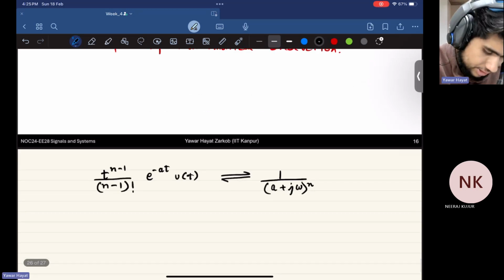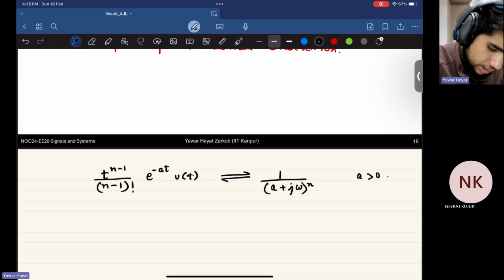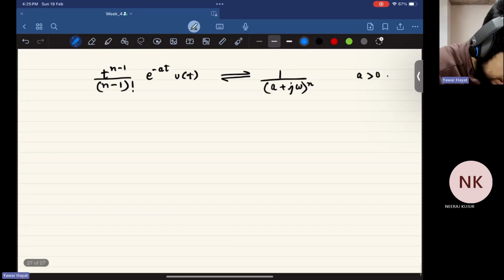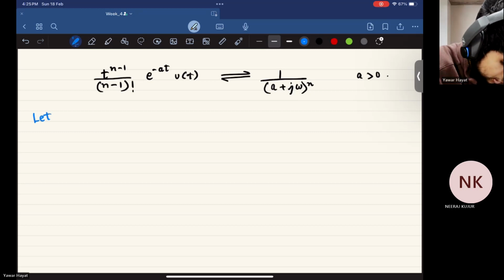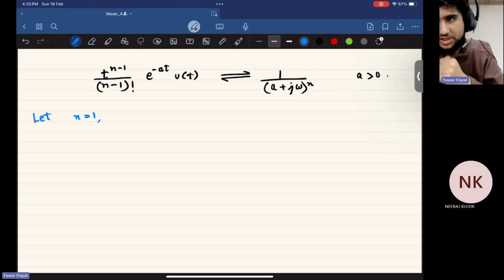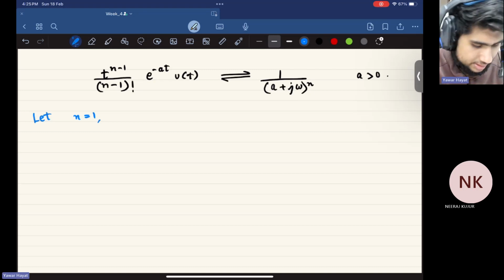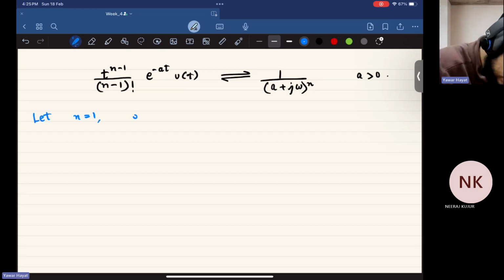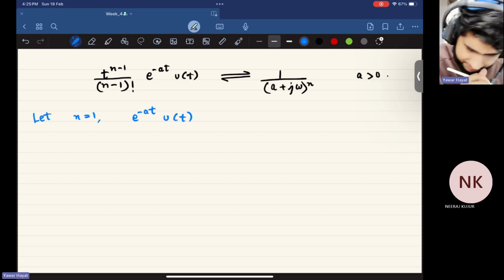This is what we essentially need to prove. So as I said, we'll start with n equal to 1. What happens when n is equal to 1? This is t to the power 1 minus 1, that is t to the power 0. 1 minus 1 is 0 factorial, that is 1. So this is e to the power minus at u of t.